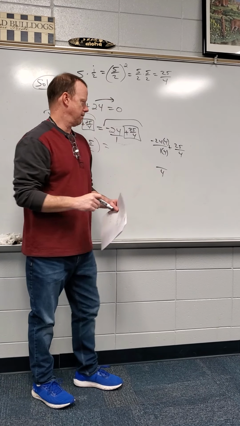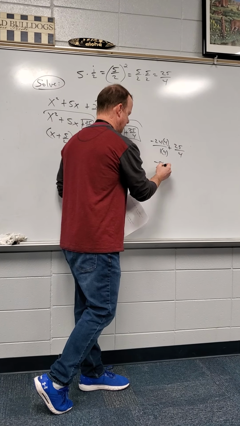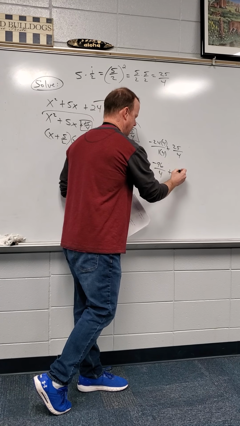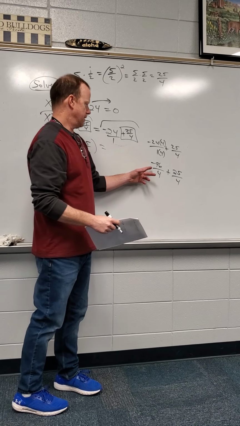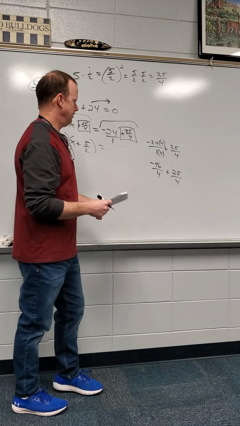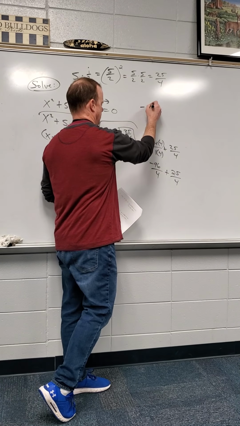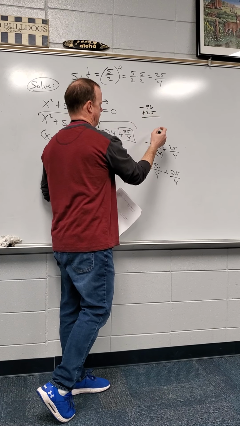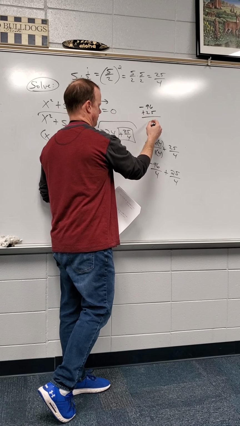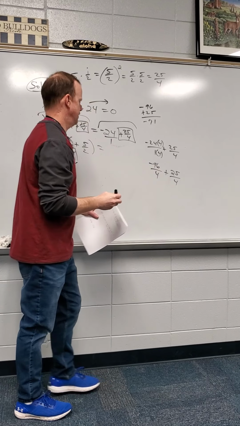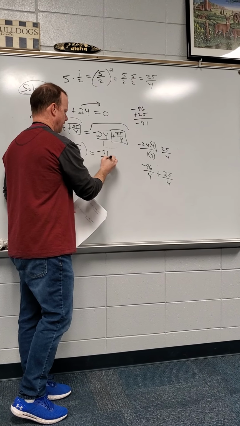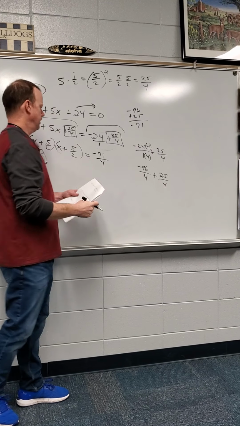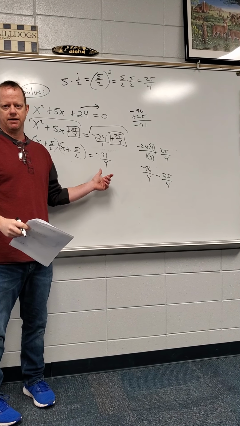Negative 24 times 4 is a negative 96 plus 25 over 4. And negative 96 plus 25, we have a common denominator now. The difference there is what? 71. So we get equals negative 71 over 4 is what we have on the right hand side of the equation.